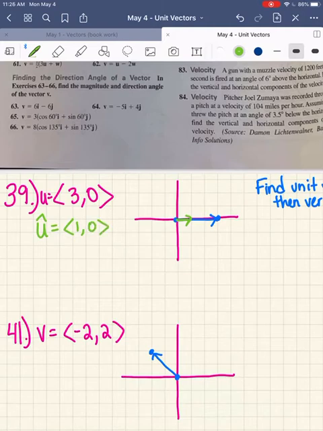If it's perfectly horizontal or vertical, you don't really have to do much math. You just need to use some common sense. Or you can use math if you want, and I'll show you. This original length was 3 units, so we're going to divide each of the components by 3, and then we're left with the green. Okay?